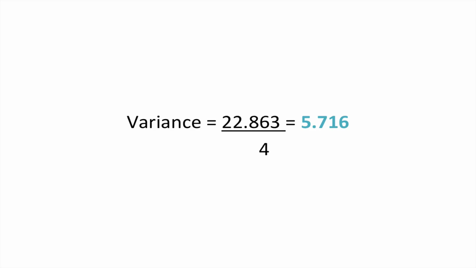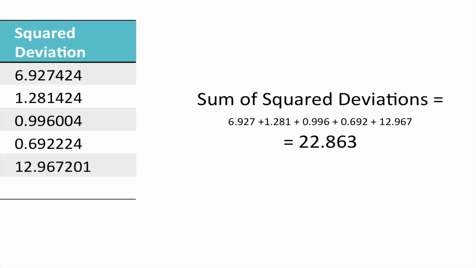5.716. I want to point out that I've rounded a little bit. We've got 22.863 for the sum of squares, but if we go back, our squared deviations have a lot more decimal places than that.